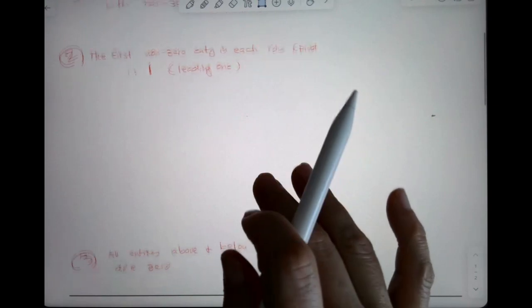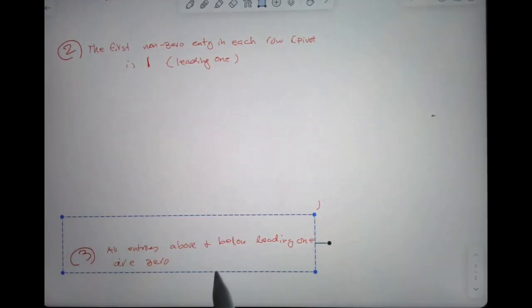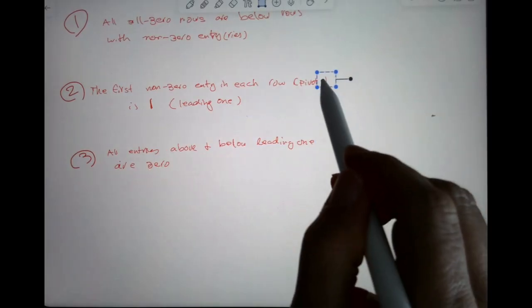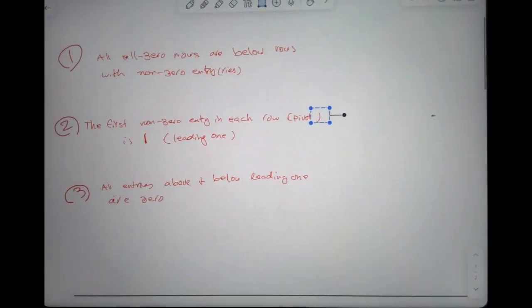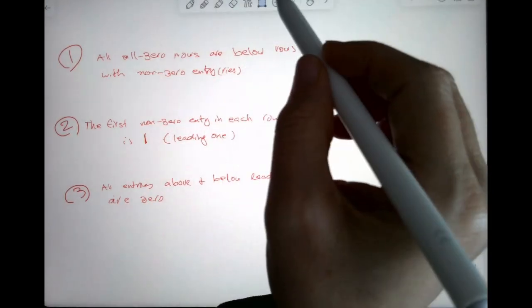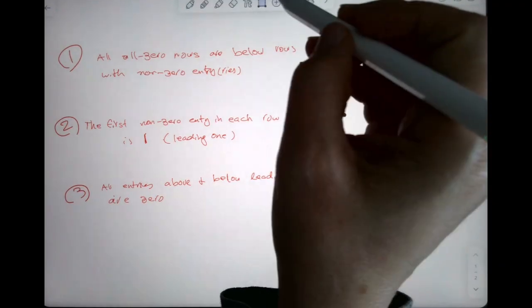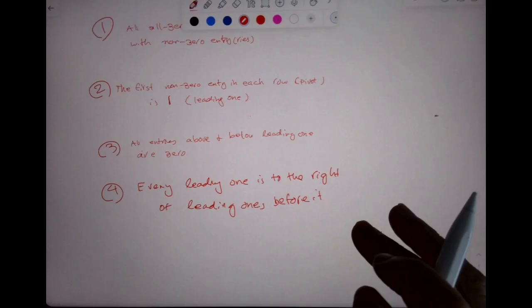And then the last rule is that all entries above and below the leading one are going to be zero, and the ones before that also have to be zero.